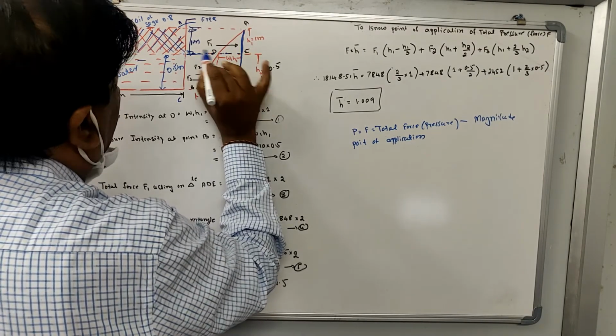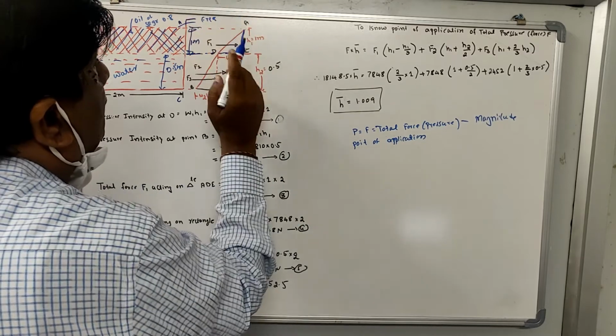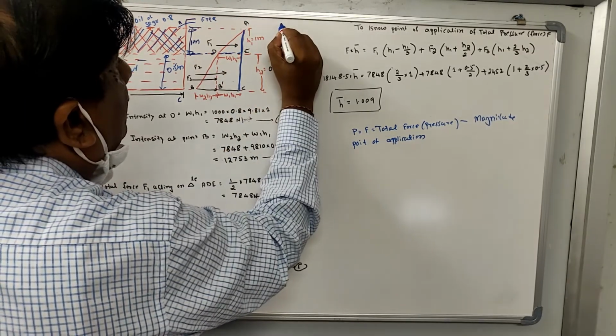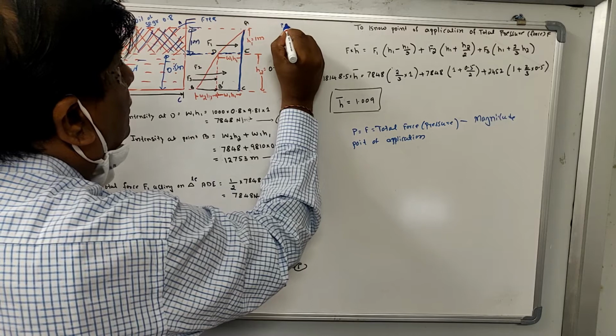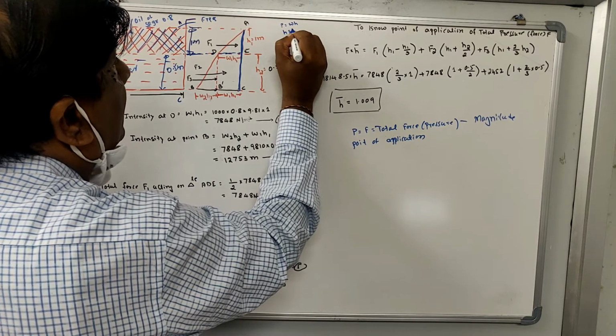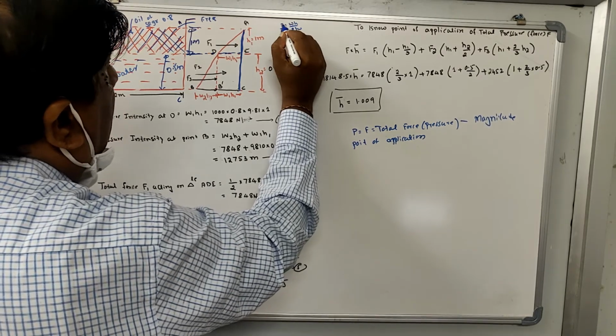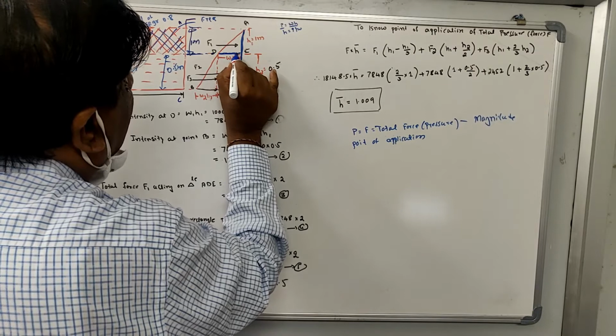For this oil, this is the base and this is the depth. We already derived this: P is equal to WH, or H is equal to P by W. So pressure intensity P is equal to WH.